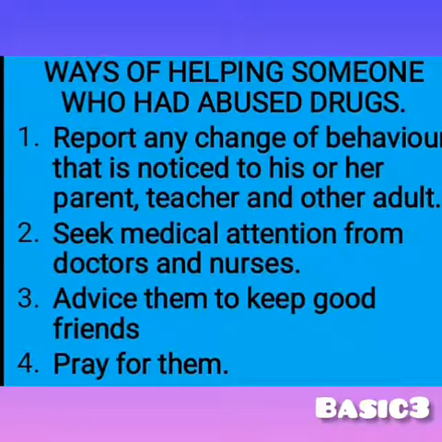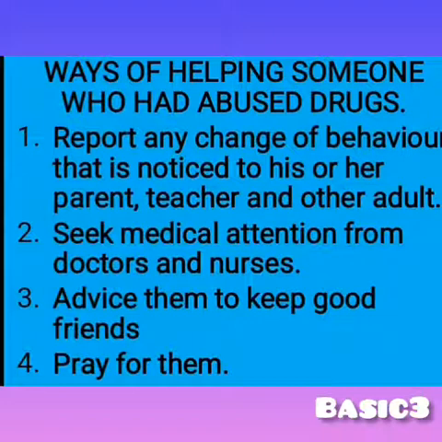Let's go back to the lesson for better understanding. First, we talked about drug abuse. And I said, drug abuse is the act of handling or using drugs wrongly. Then we talked about drug abusers, and I said that those are people who do not use drugs well or properly.